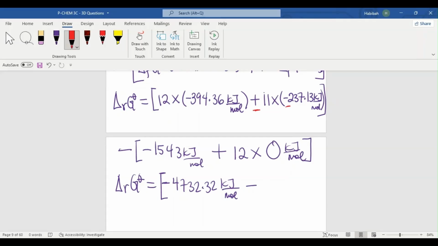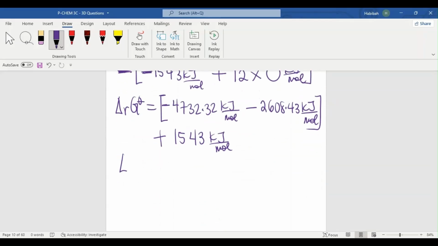So 11 times 237.13 is simply 2608.43 kilojoule per mole. Of course, like I said, this is the product side. Then you have minus over here, and minus here, you're going to get plus. So I'm just going to say plus 1543 kilojoule per mole.